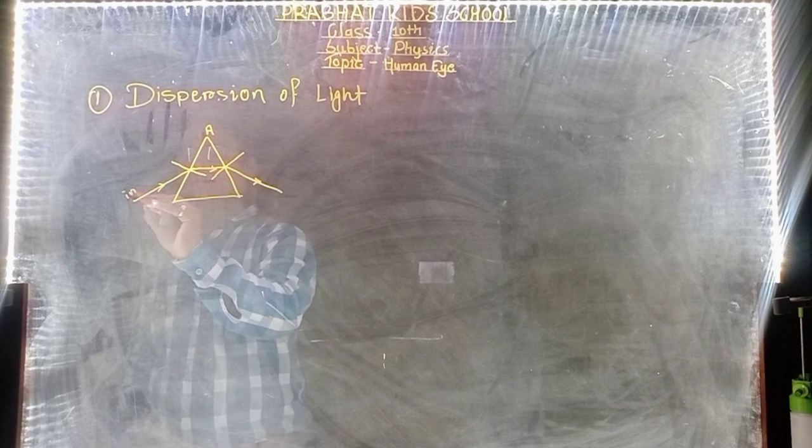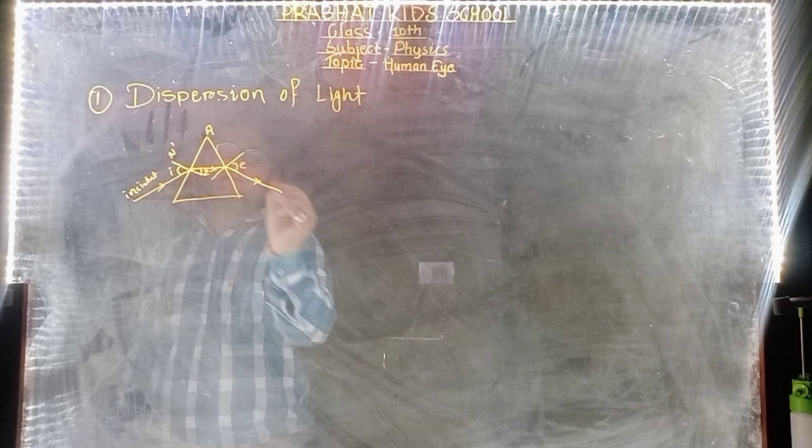This is the incident ray, this is the angle of incidence i, this is the angle of refraction, and this is the angle of emergence, and this ray is called the emergent ray.